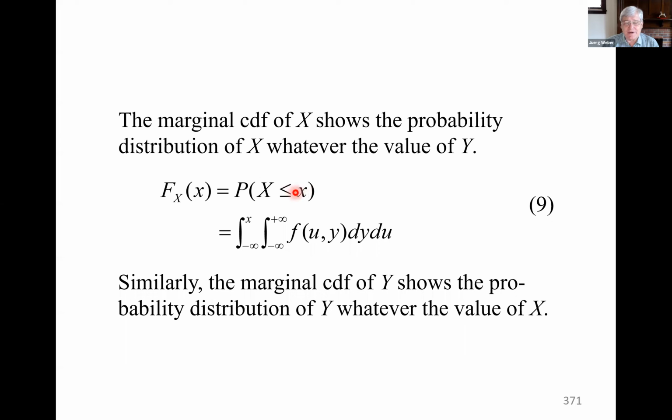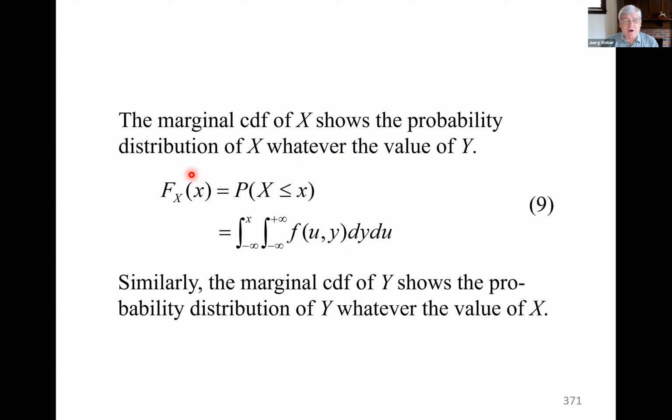So y does not appear here. So you integrate up to the small x, and the y can be whatever between minus infinity and plus infinity. So that gives us the probability distribution of x, whatever the value of y.